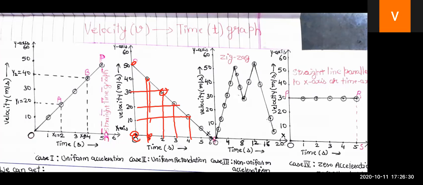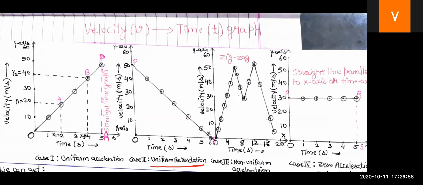And this decrease in velocity is equal in equal intervals of time. Every second the velocity is getting decreased by 10 meter per second. So as the decrease in velocity is equal in equal intervals of time, this shows you the graph of uniform retarded motion.